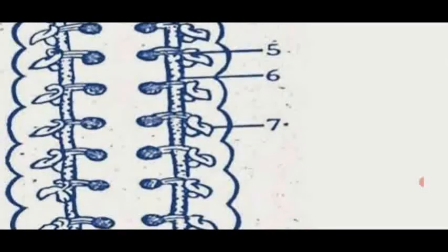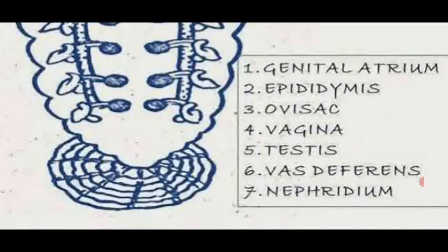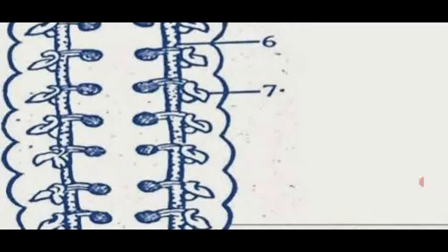The next one is the vas deferens which arises from the testes. It is in the form of a convoluted shape. Then the seventh one is the nephridium.